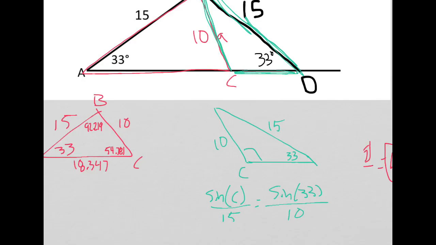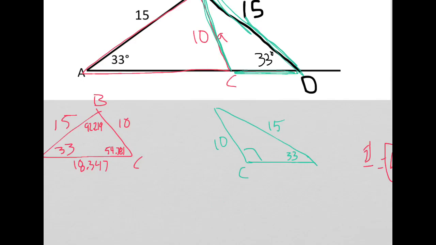And that's the exact same thing we did to get this 54.781 degree angle. So clearly, we're not going to get the correct value, because that 54.781 degree angle and this green angle right here cannot be the same value.